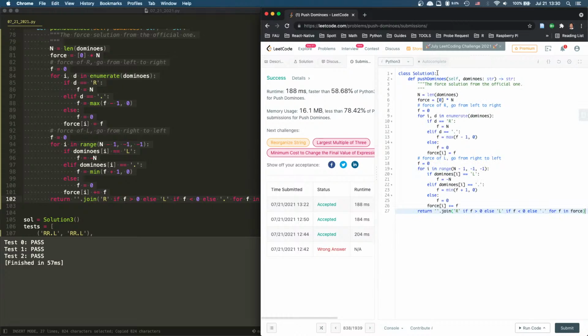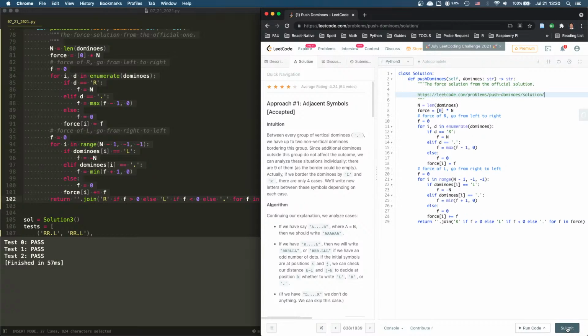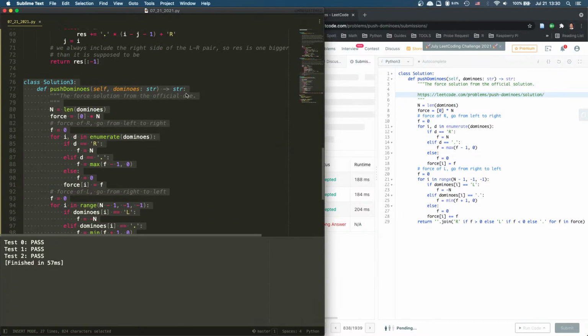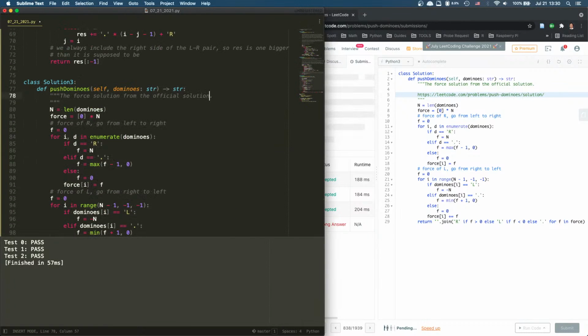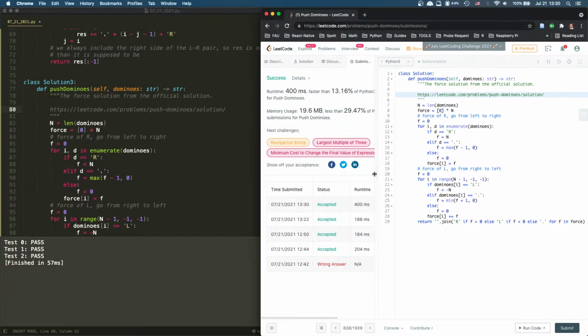Just sum it here first. Hold on, let's copy this one. Solution. Alright, sum it here. Solution. Oh wow, this one has 400 milliseconds.